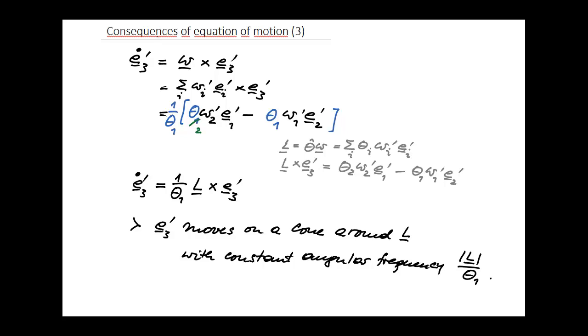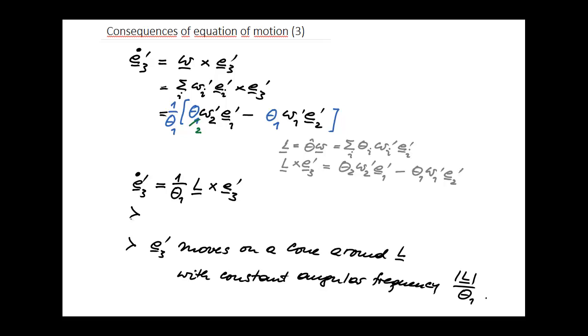But due to the structure of this equation, it also has constant projection onto the angular momentum axis, and therefore the vector e3 prime must always be on a cone around L. And the frequency with which it rotates around this axis is given by the magnitude of this vector L divided by theta 1.